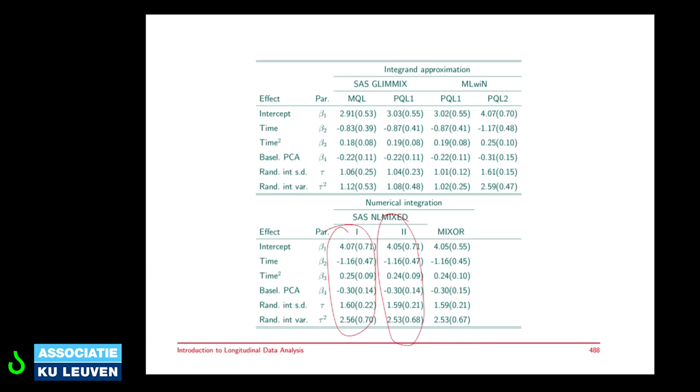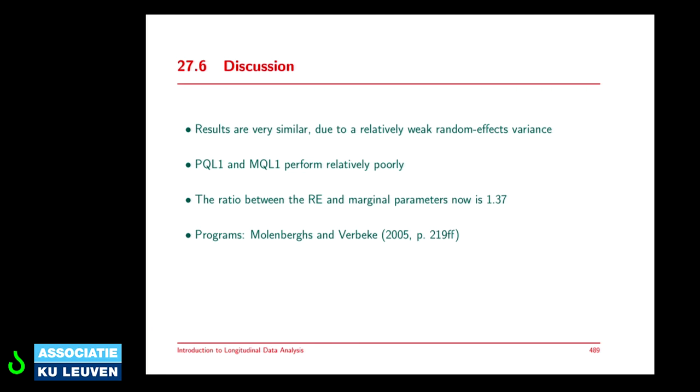And MIXOR and full numerical integration are extremely similar, and that is because MIXOR uses full numerical integration, but it does apply an approximation to the standard error calculation, which is why standard errors are not as good as they could be. But in terms of point estimates, it's not a surprise that, because they use very, very similar algorithms, you get very, very similar results.